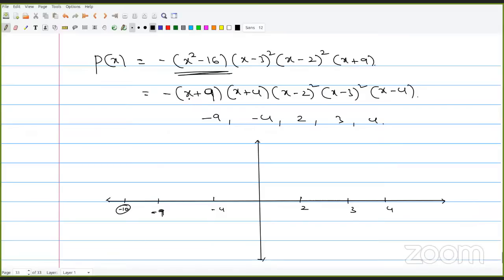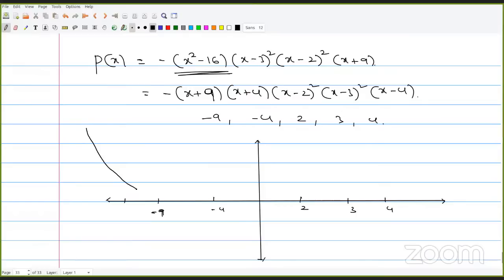If I substitute minus 10, this factor will be negative. So negative, negative, negative, positive, positive, positive, and this is negative. I will get an overall positive value. So below minus 9, the graph will be positive.